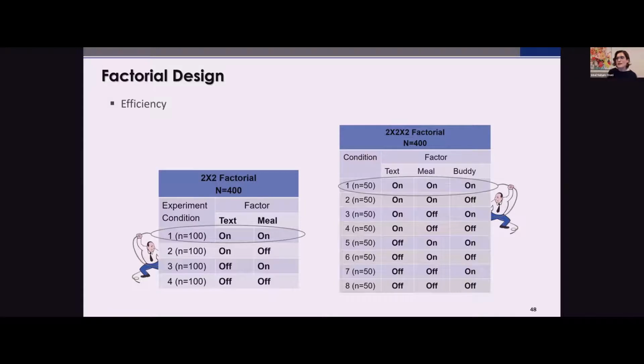Right? Answering scientific questions about the selection of components will still be based on comparing 200 participants to 200 participants.